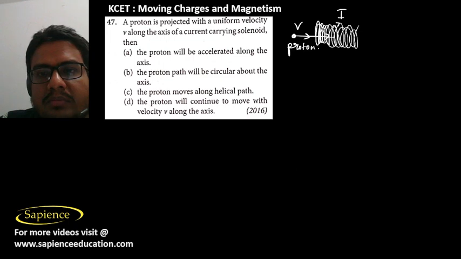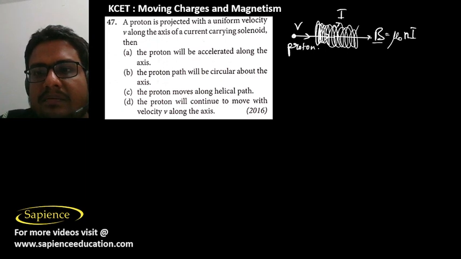Okay. So the magnetic field in case of a solenoid along the axis is a uniform magnetic field, which is mu naught n i, where n is the number of turns per unit length in the solenoid. So the magnetic field is also along the axis and the velocity is also along the axis. So there is no magnetic force.